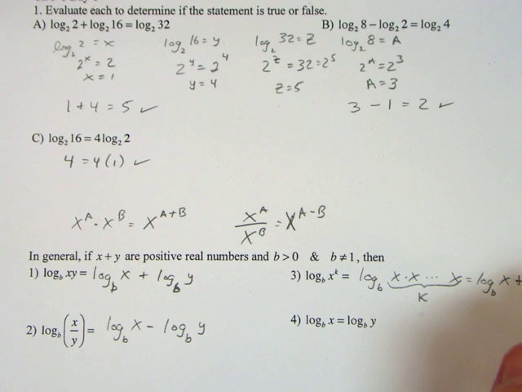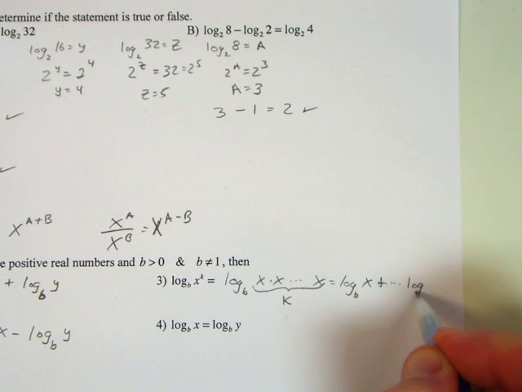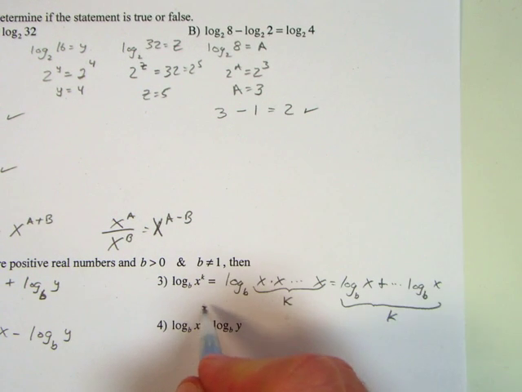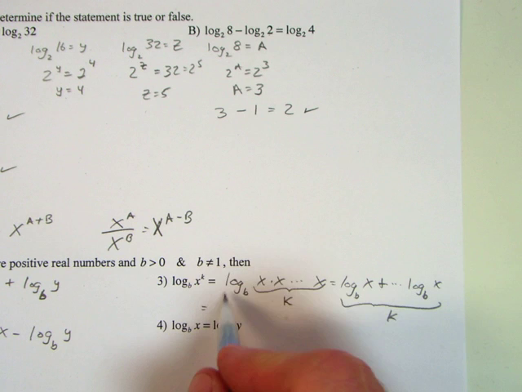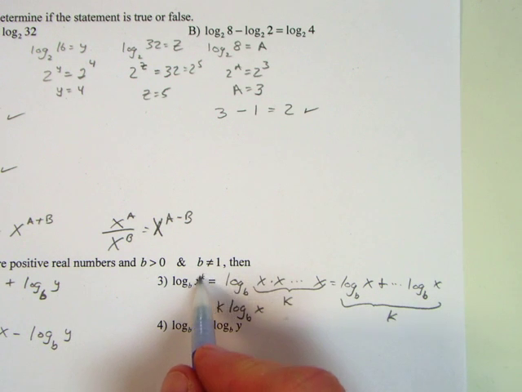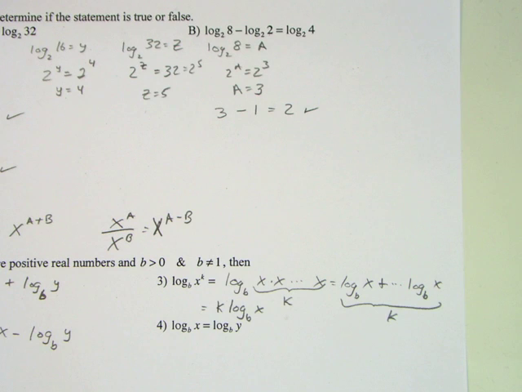How many of those are we going to have? We will have k of them, and so the rule is log base b of x to the k equals k times log base b of x. Or in other words, that exponent can come down as a multiplication. And that's what multiplication is. We think of it as repeated addition.